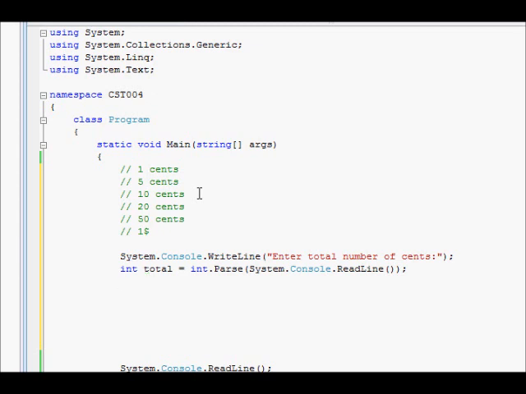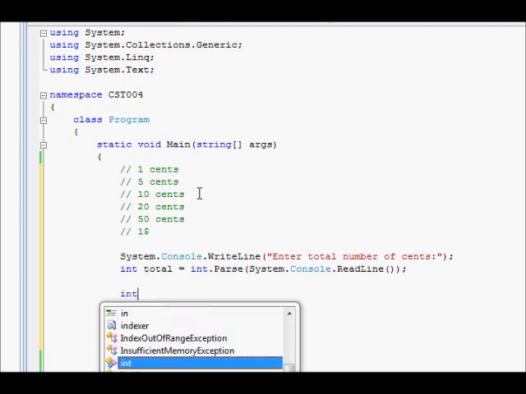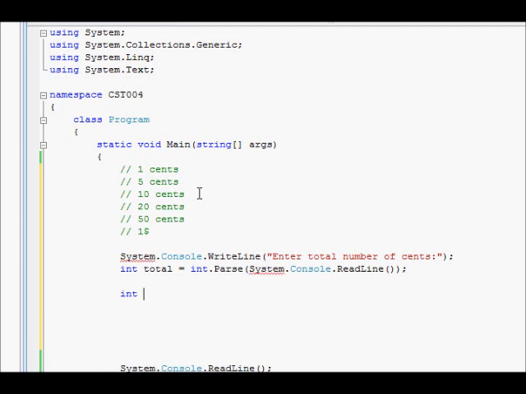Okay, so now we need to figure out how many dollars. So int dollars. Okay, I might have written this wrong. If I did, then just tell me in the comments. Sorry about doing this the wrong way. Dollars equals total divided by 100.